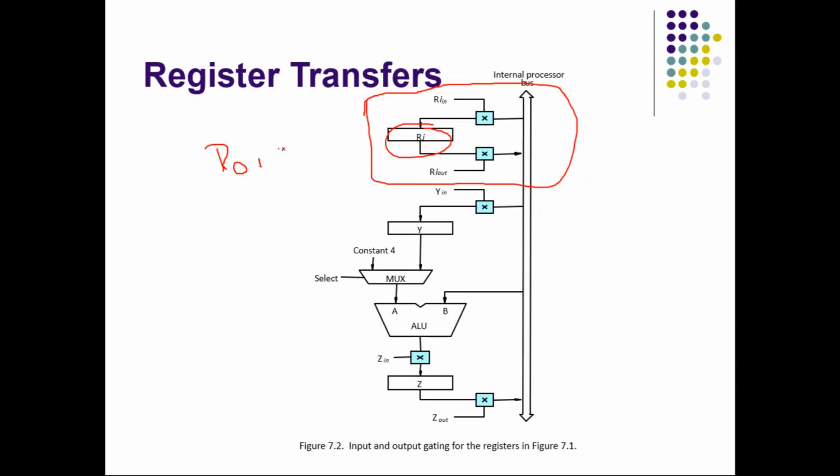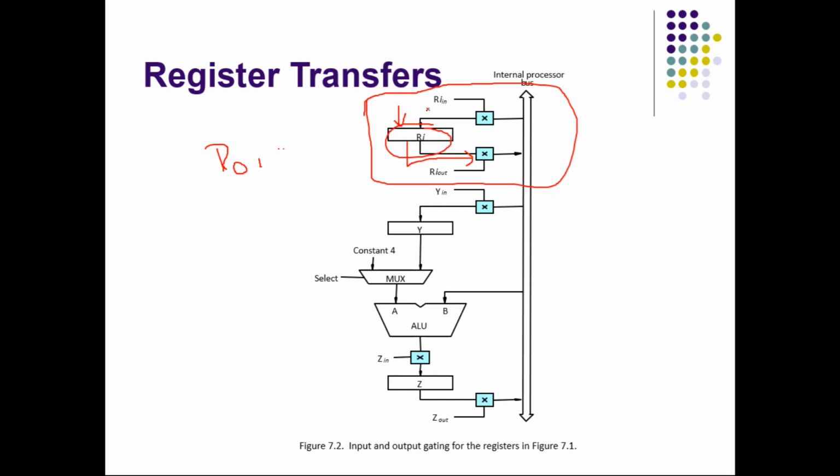It's general. If you see, there are two things: one is Ri in and the other is Ri out. Ri in is connected to Ri with an input arrow, whereas Ri out is connected with an outgoing arrow.